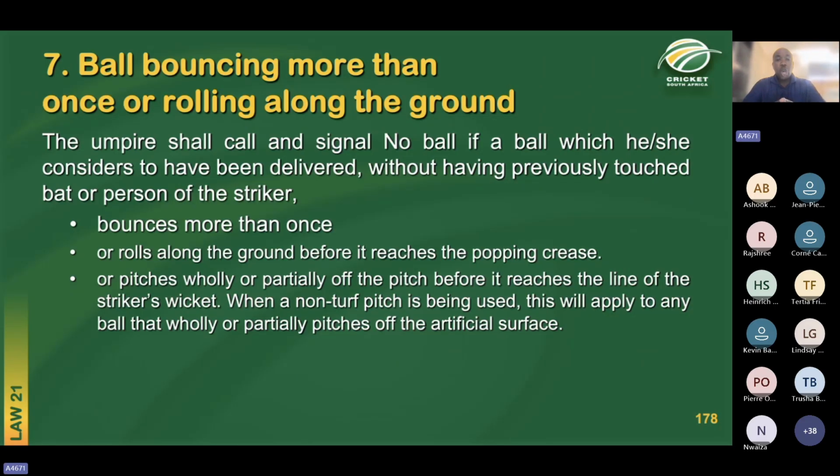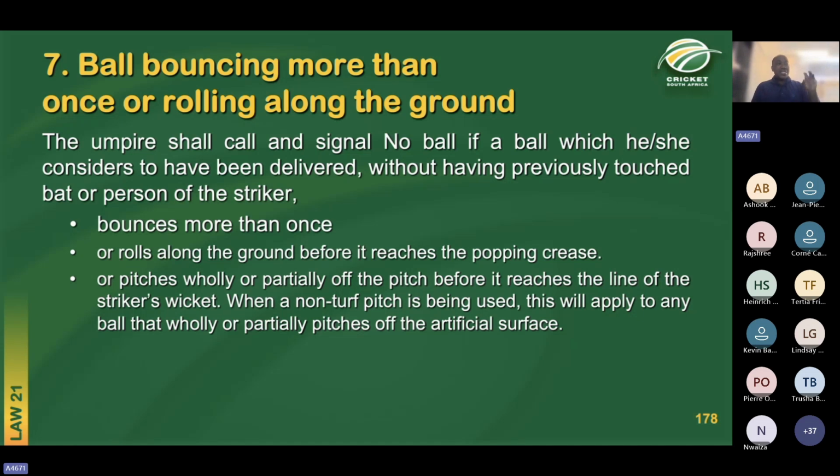If the ball pitches wholly or partially off the pitch before it reaches the line of the striker's wicket, then it shall also be called a no ball. Remember, we said the width of a pitch is 3.05 meters. So if a bowler bowls the ball and it is quite wide, if the ball lands off the pitch, but before the line of the striker's wicket, before the line of the bowling crease, then it is a no ball.